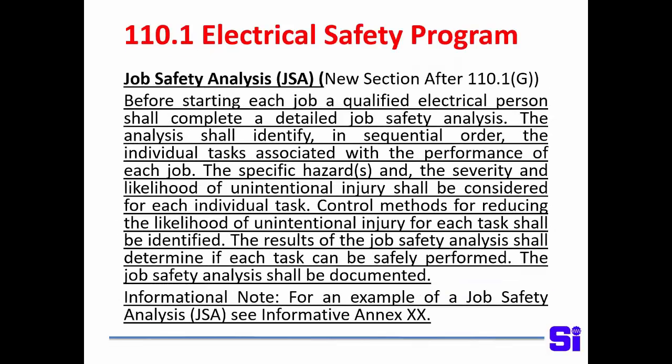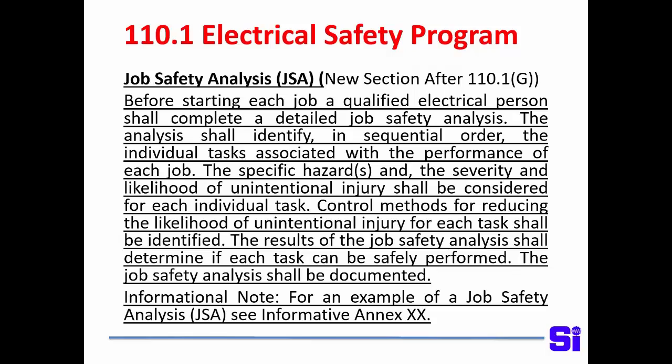So we're adding a new section for job safety analysis. Now, with the NFPA 70E, the job safety analysis is only looking at the tasks that you do, and then you do an analysis as to the hazards, the severity, and the likelihood of injury.